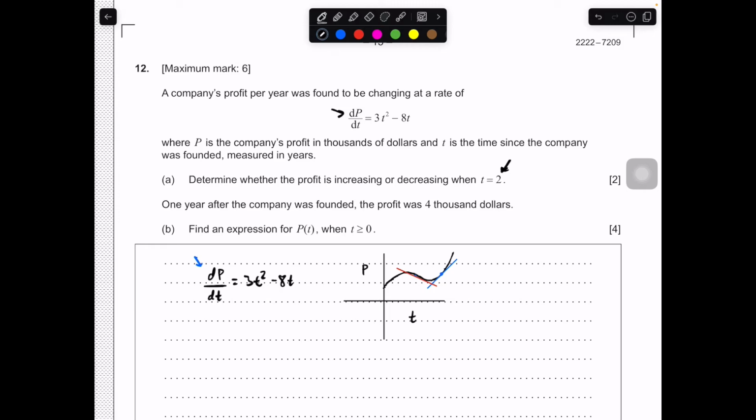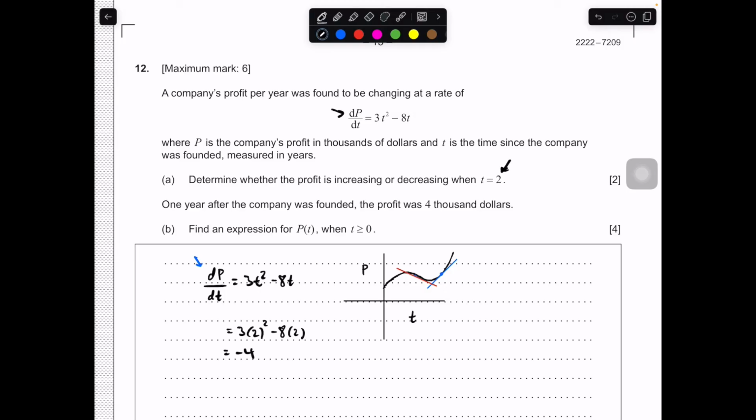So let's substitute. Input this value of 2 for t, and working this out on the calculator I have beside me, 3 times 4 is 12, minus 16, we have a value of -4 actually.